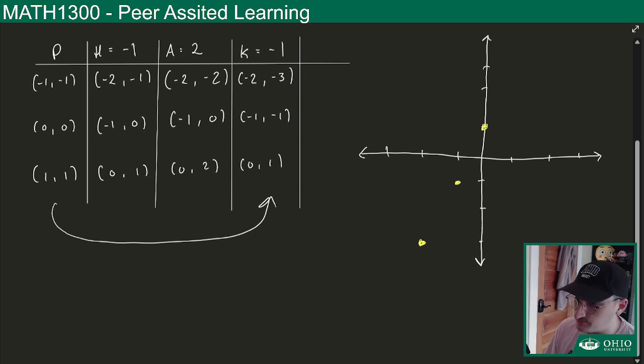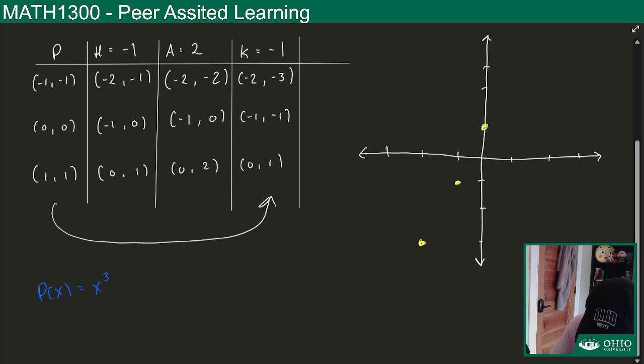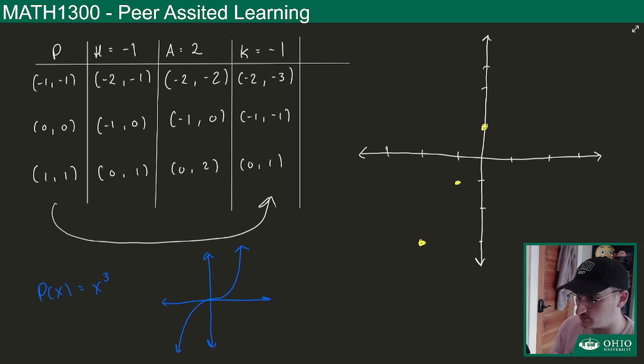This does look like a straight line, but what I mean by it's good to know what the parent function looks like is that we're working with a parent function of x cubed. I want to keep in mind that this is going to look like a sort of thunderbolt. So when I trace this out on my plane, I'm not just drawing a straight line.